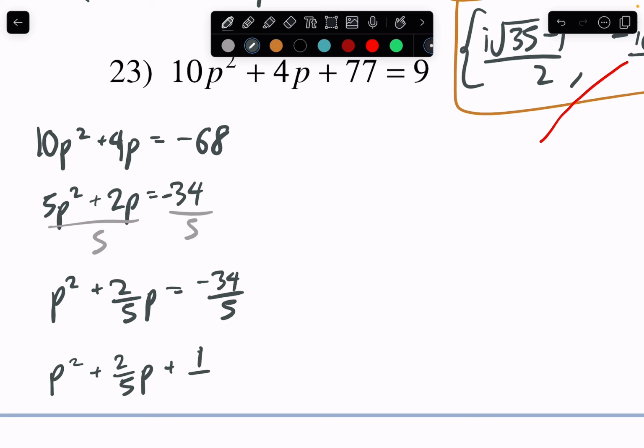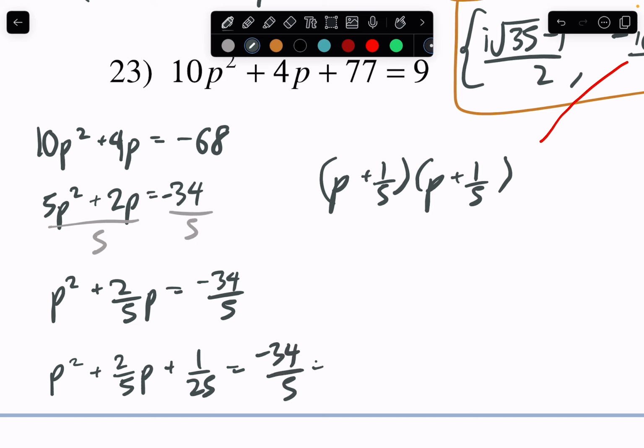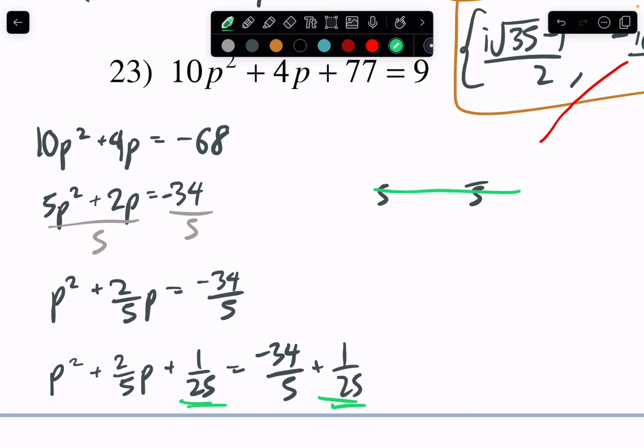No. 1 over 25. It should work. Wait, let's try that. Actually, 1 over 5 plus 1 over 5, 2 over 5. Huh, it worked. Okay. It did work. Let's see what's gonna happen next.